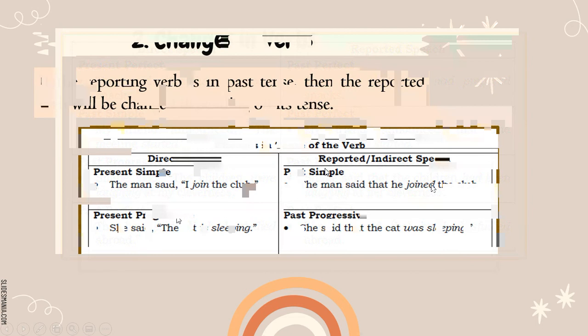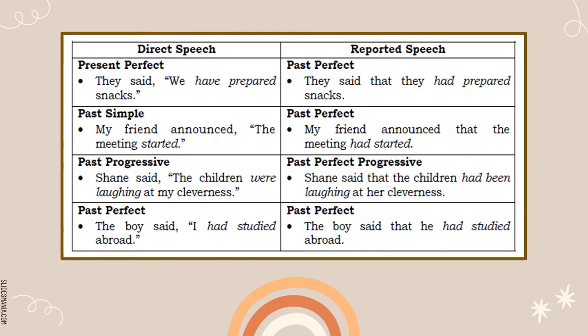Okay? Next, for the past simple, my friend announced, "The meeting started." That is for the past simple, direct speech. If you need to change your direct speech going to reported speech, then your past simple shall be past perfect. It goes like this.